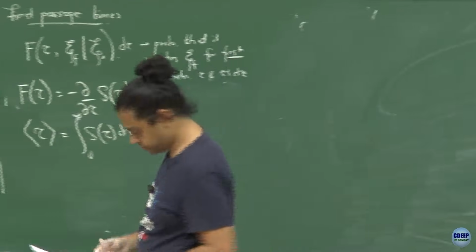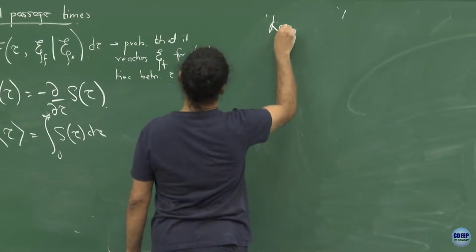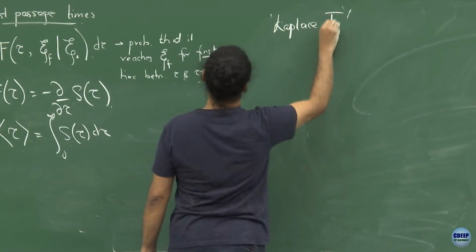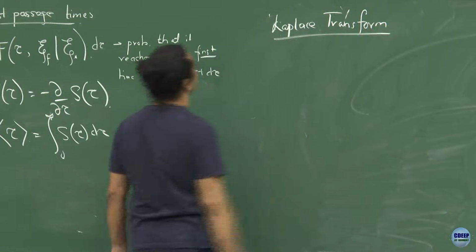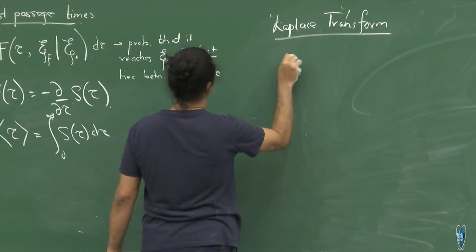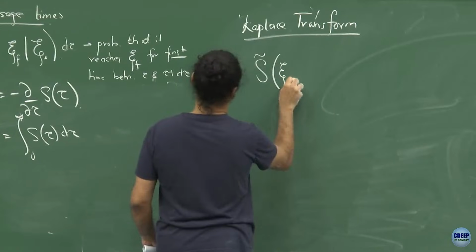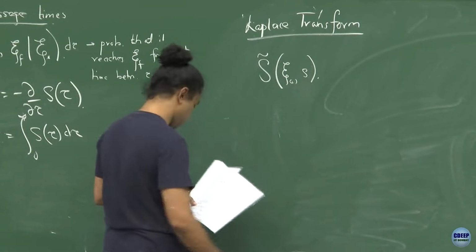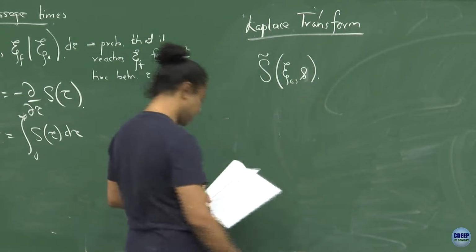Now, let us think about the Laplace transform of the survival. So I write down the Laplace transform, S tilde of xi naught comma s, s being my Laplace variable.